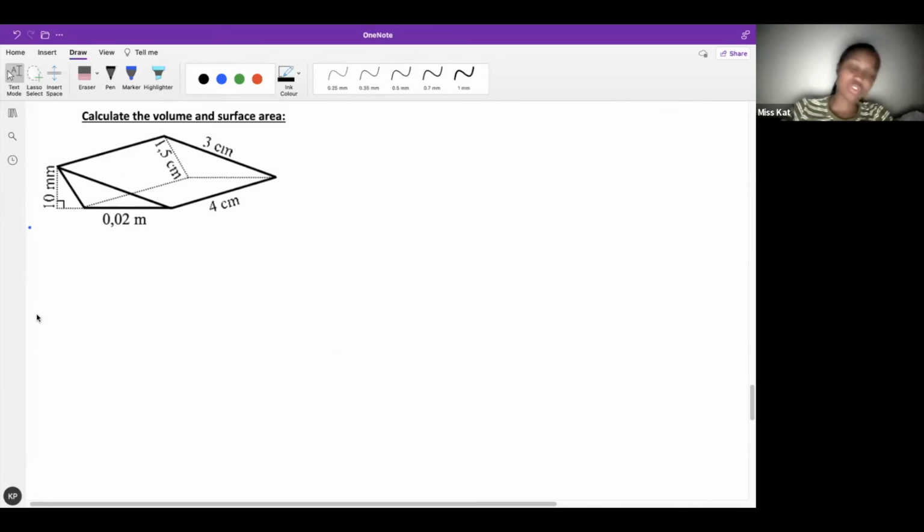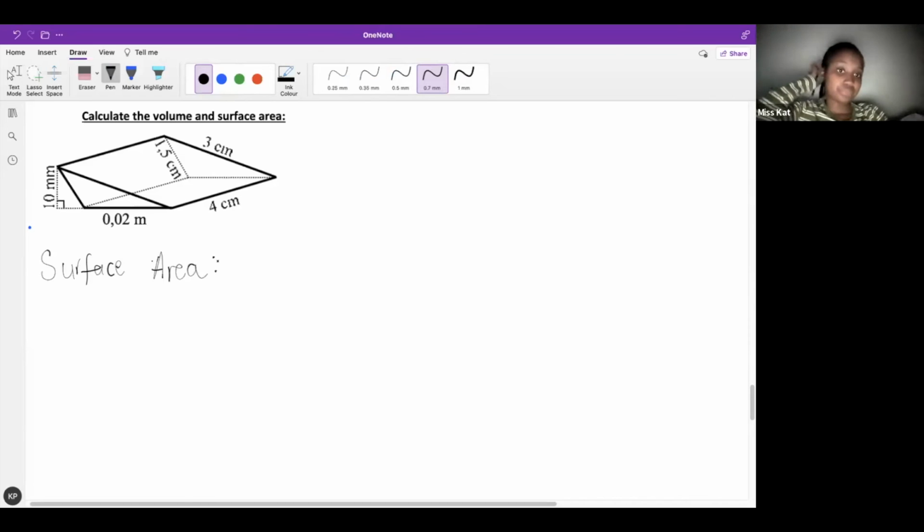Hard. Okay, let's do surface area first. Then let's see. We have two identical triangles and we want the surface area. So maybe I should label it. We are doing surface area.